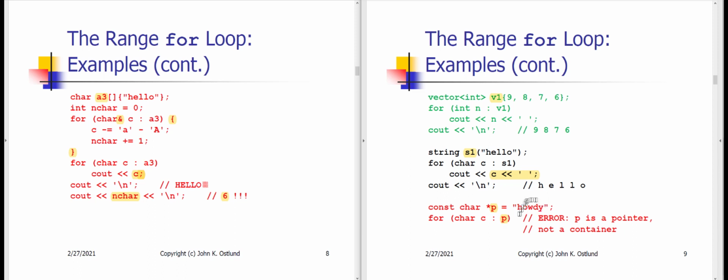And although we could argue that the compiler ought to know the size here in advance, because P is a variable pointing at that string, the compiler can't be 100% certain, without doing a bunch of code analysis that it doesn't bother to do, that P is pointing to a fixed size thing. So if we try to compile this code where we're using a range for loop on a pointer, we are going to get an error message. All right, that seems fair enough, so we can't use a range for loop on a pointer.